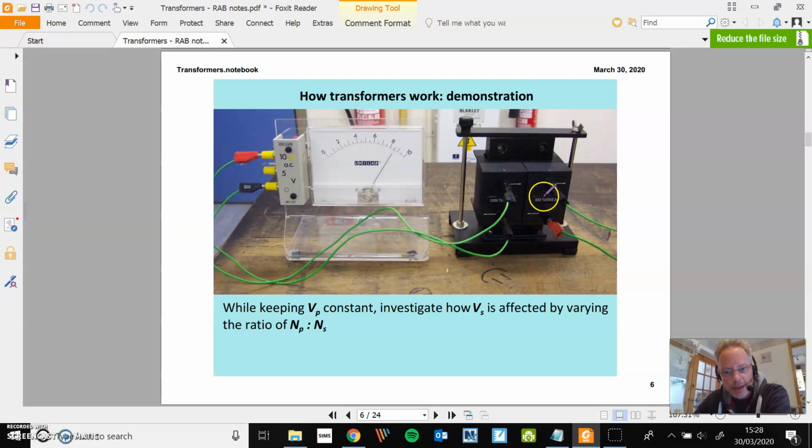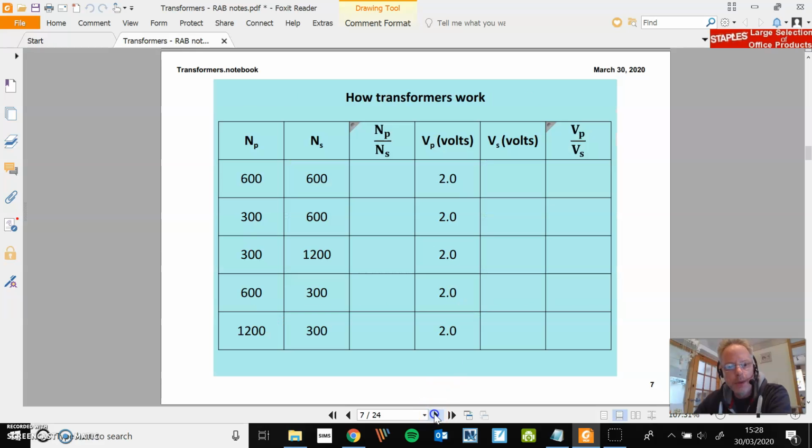If you look closely, you can just about see there's 1200 turns on that coil and there's 600 turns on that coil. So what we would do normally is try some different numbers of turns on our two coils, and we keep the voltage or the potential difference on the primary coil at 2 volts all of the time.